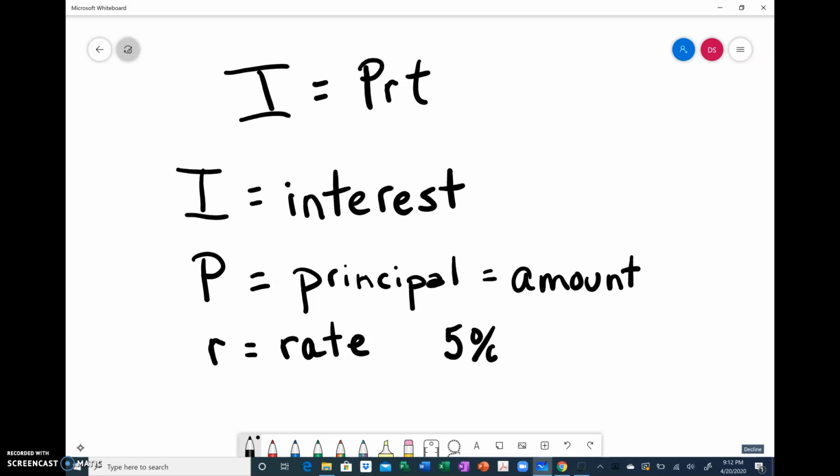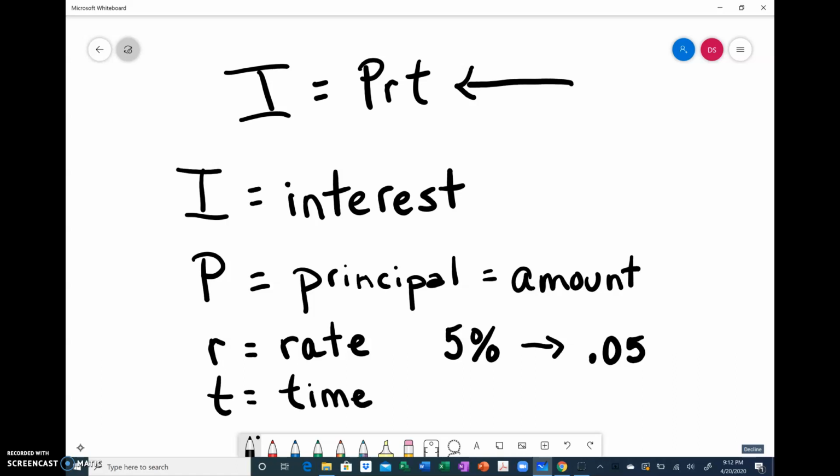Now, here's a rule that you've got to keep in mind. The rate is mentioned or listed in percents, but when you use this formula, you have to change it to a decimal. Don't forget that. Last thing, T stands for time. Maybe you tell your parents that you want to borrow $300 at 5%, but you will pay it back in 1 year.